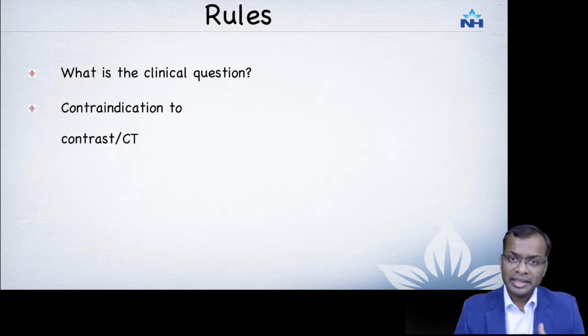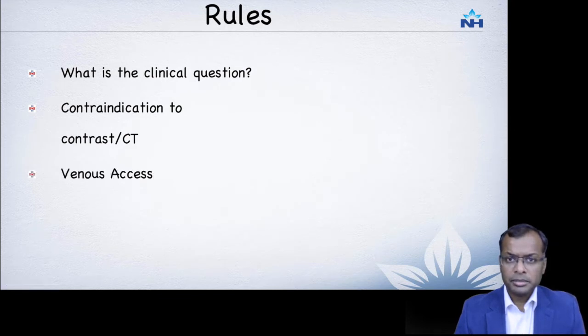The next rule is looking at the contraindications for a CT scan or giving contrast in patients. It is important that we are aware of what contraindications are there. In some cases, these contraindications may be overlooked because of the urgent need of diagnosis. Then you have to look at the risk-benefit analysis in these patients in terms of doing the procedure.